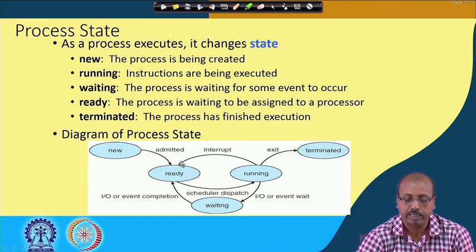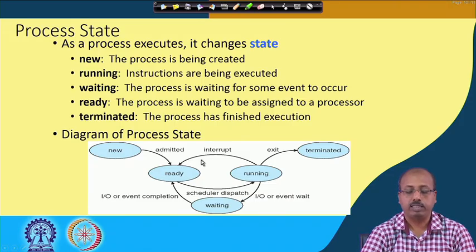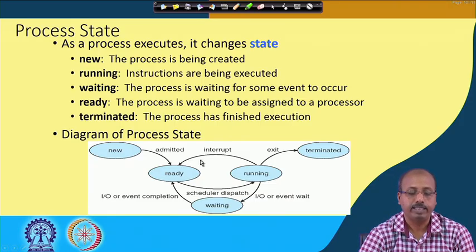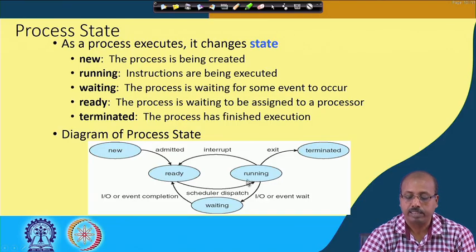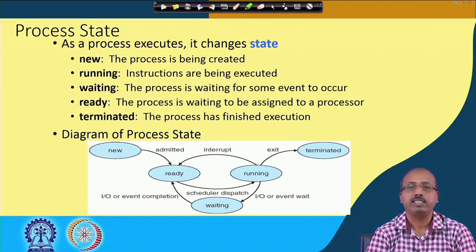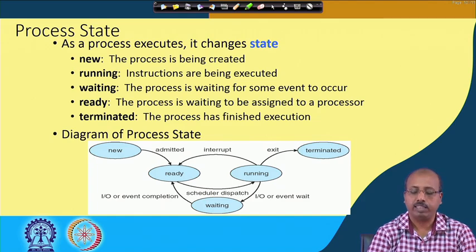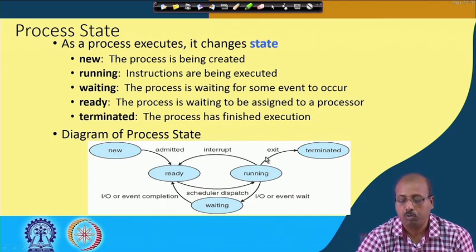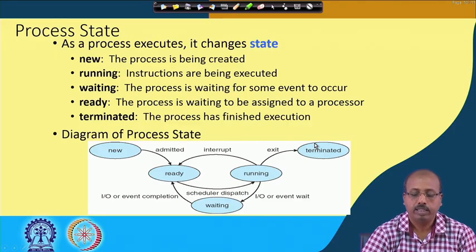The interrupt will come, the process comes back to the ready state and the next process gets a chance. If a process has got several chances for execution in this cyclic fashion, then maybe it is over now. So it will do an exit and the process goes to a state called terminated.